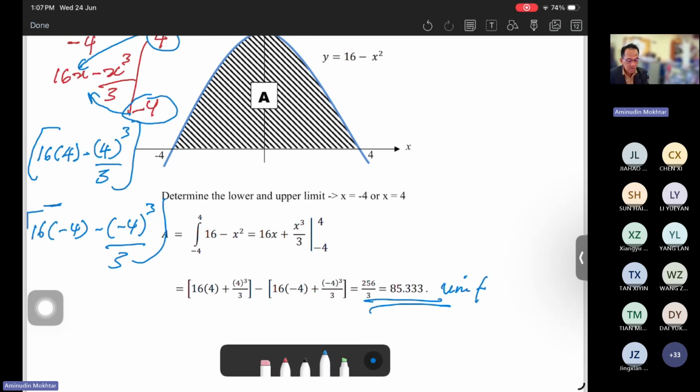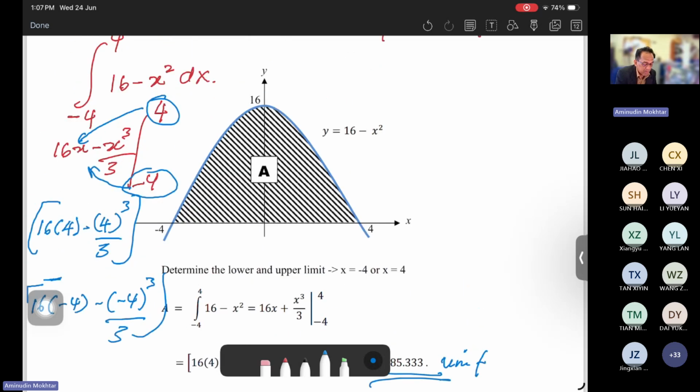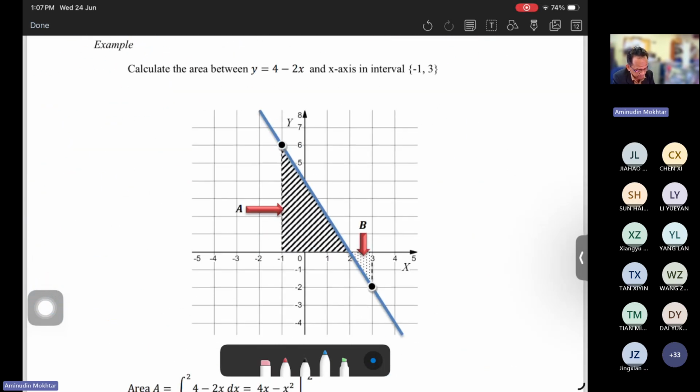Okay, that's how to apply the definite integral in order to find the total area. This is quite easy here because it is straightforward. We just apply the definite integral.